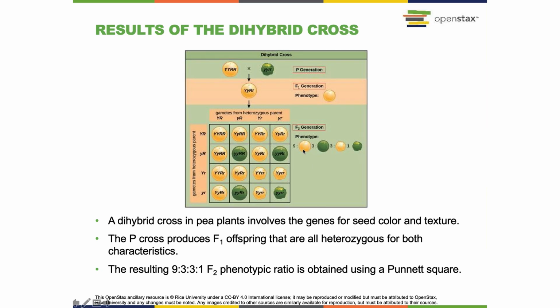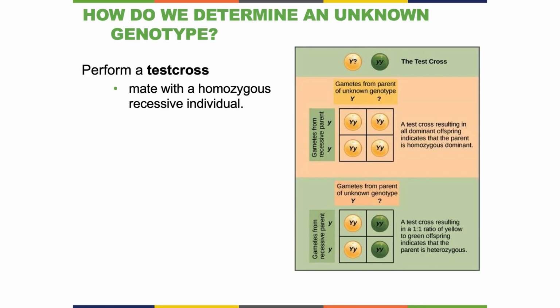They're not going to be exactly 9-3-3-1, but the more crosses you do and the more offspring, the closer you're going to come to that 9-3-3-1 phenotypic ratio that he would expect mathematically from a cross like this. Okay, so that's how Mendel was able to put together his laws, and we found today that they still work.